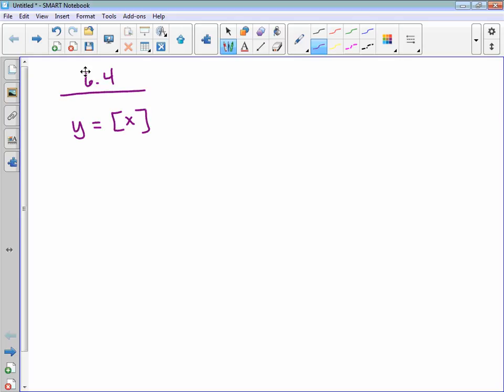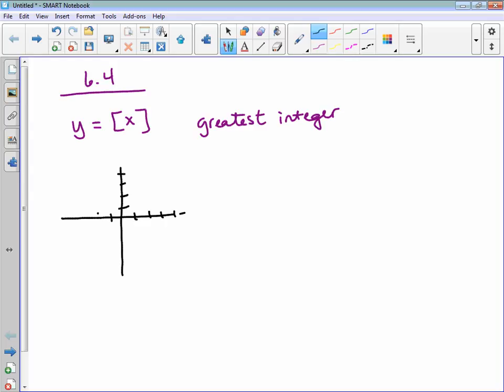It's not absolute value, it's called greatest integer. It's the greatest integer function.